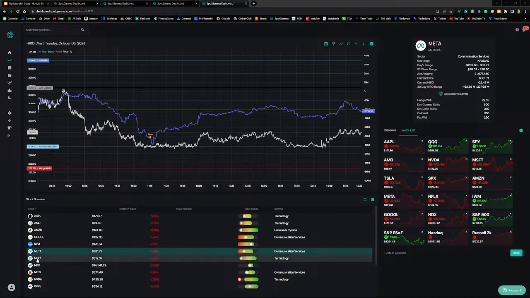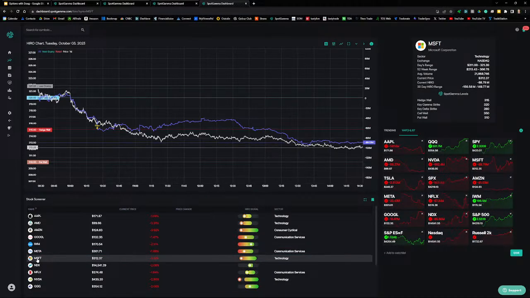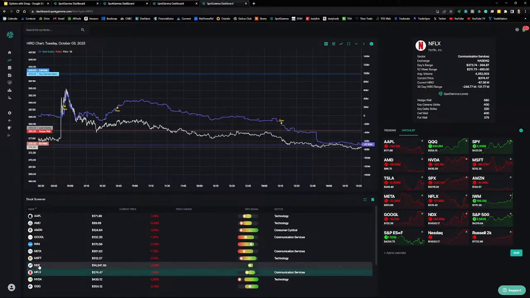Let's see Microsoft, see if there's any change. No. The only thing you can say for this is the options traders have kind of taken their foot off the gas. Netflix, still overall negative for the day.